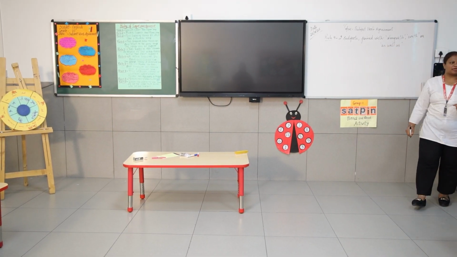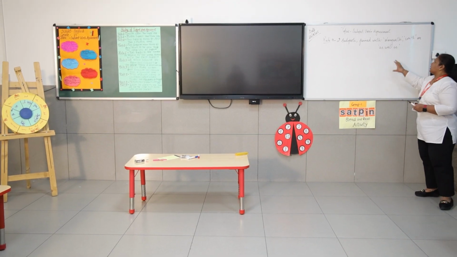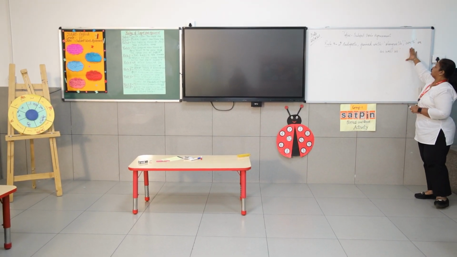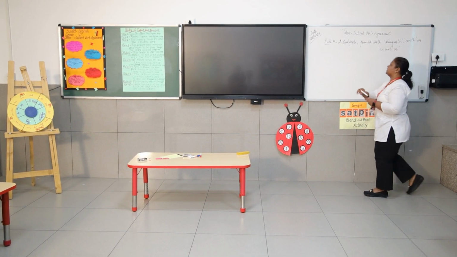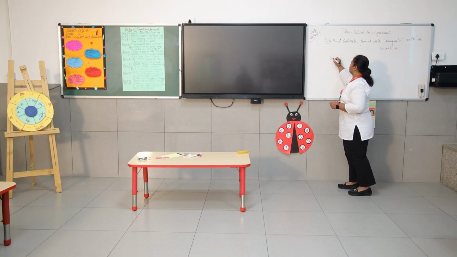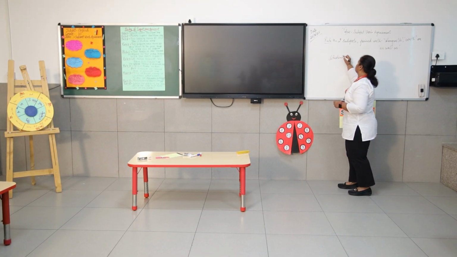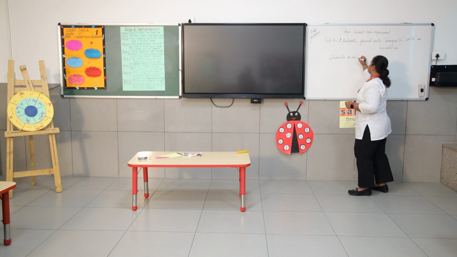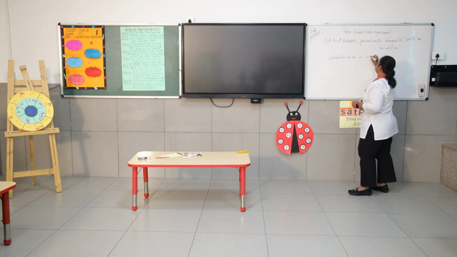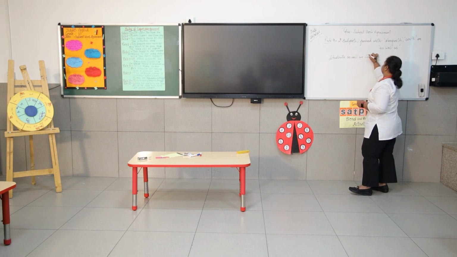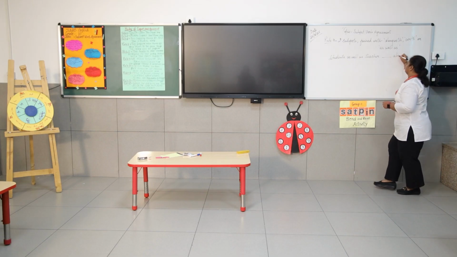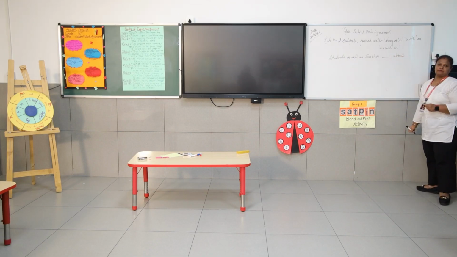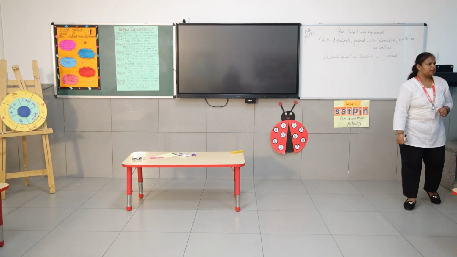So when there are two subjects which are joined with "along with" or "as well as," for example, so what do we see here?